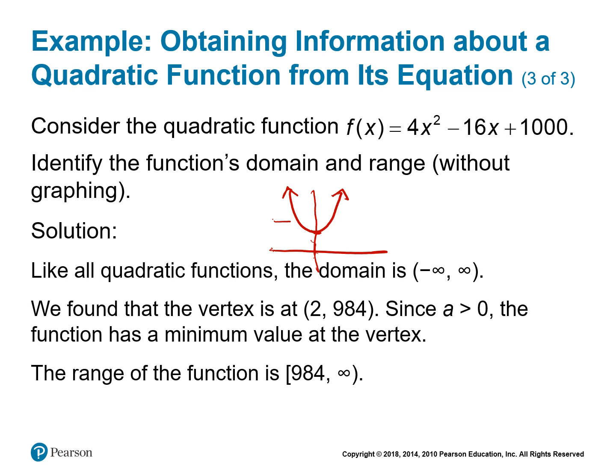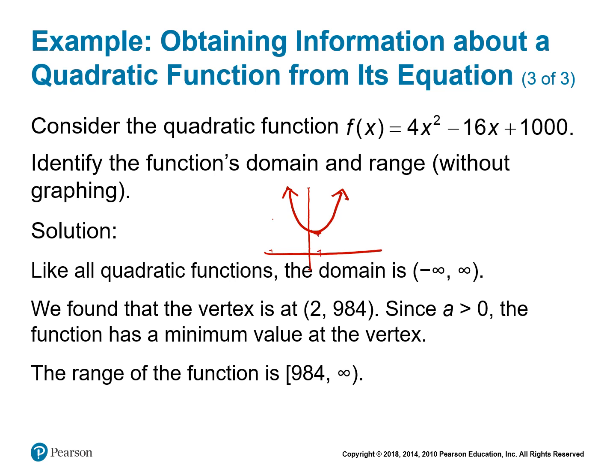Now, actually this is not the right place for the vertex, so I'm going to erase my x and y coordinates. It's not a properly scaled graph anyway, but let's just try to make it a little more realistic.